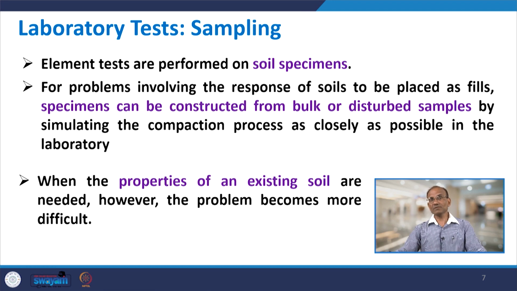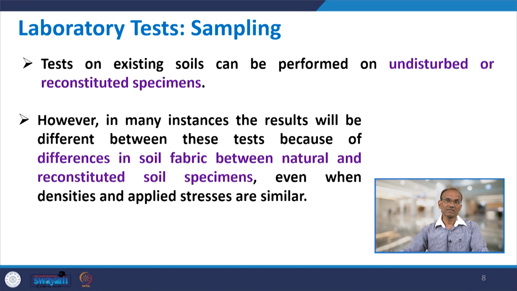The problems which involve the response of soil are to be placed as fields. Specimens can be constructed from bulk or disturbed samples by simulating the compaction process as closely as possible in the laboratory. When the properties of an existing soil are needed, the problem becomes difficult. So, how to deal with that?